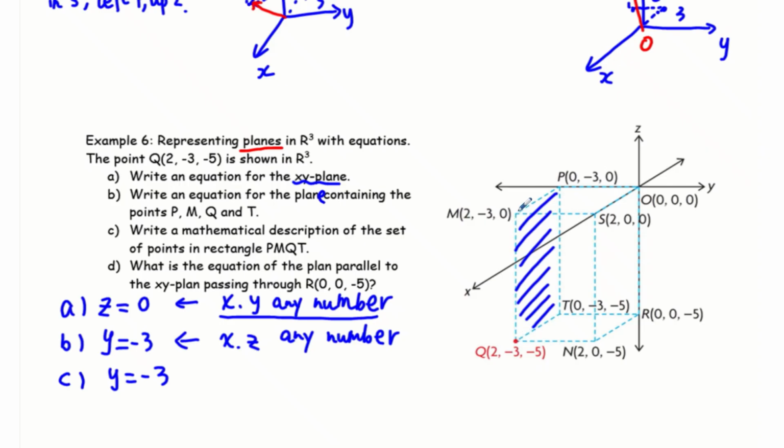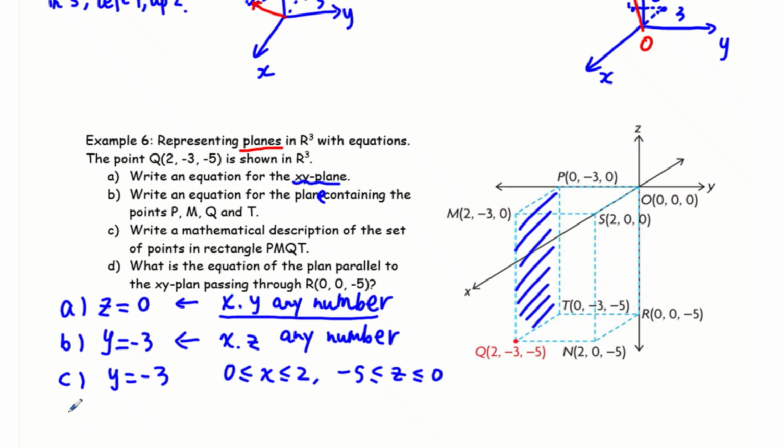X is from 0 to 2. So the x value is from 0 to 2 and the y value is -3. The z value is from 0 to -5, so negative minimum to maximum. So this is a restriction for the set of points, not all points on this plane, but only this rectangle part.